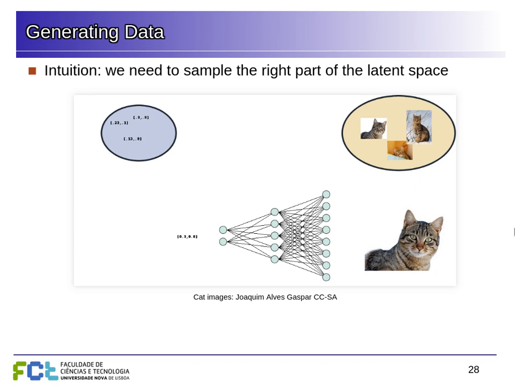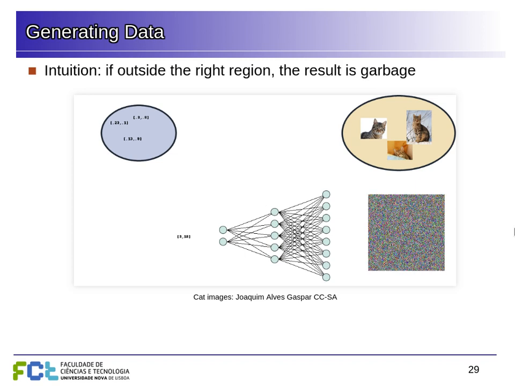But if we pick something that falls outside that space, then we get garbage, because this other value outside this space here will no longer map to pictures of cats. And since we don't know what is the distribution of this space, it's hard to tell if we're going to pick images of cats or not.